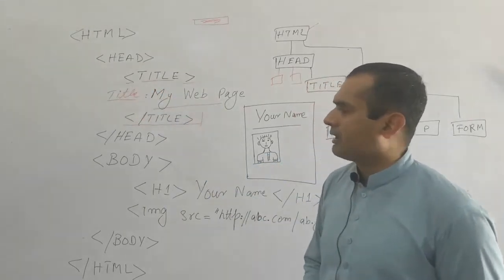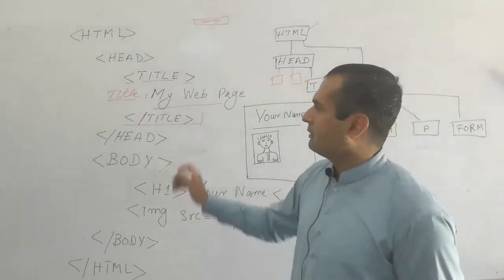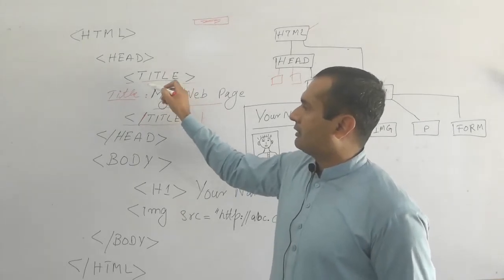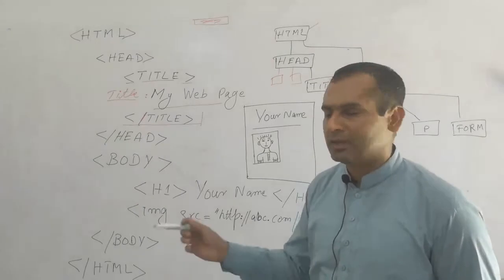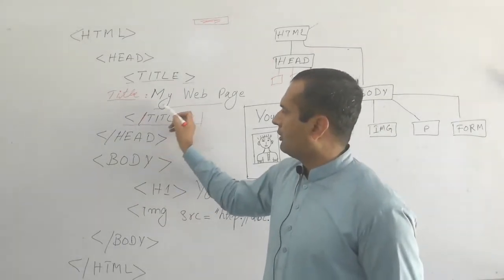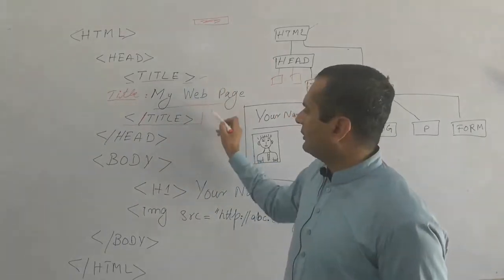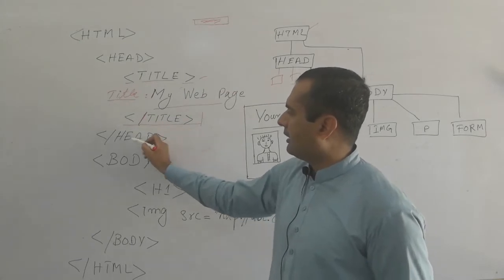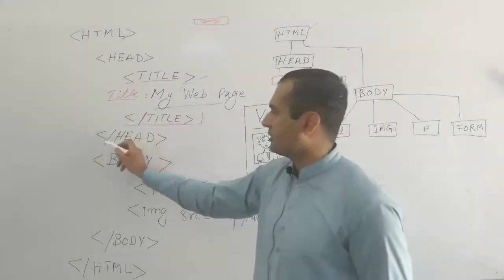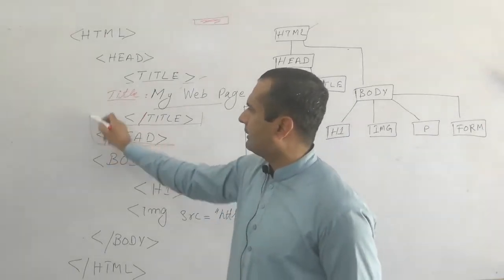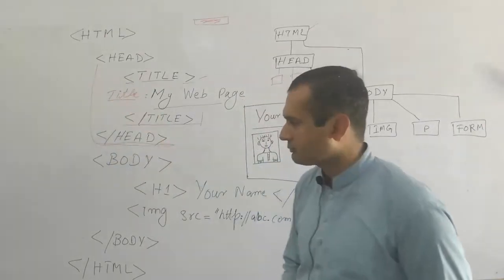Angle brackets tell the processor or the browser that these are special things, treat them as such. So we gave the title of the page, and again over here we are also ending the head tag or the head section. So our head has been ended now.